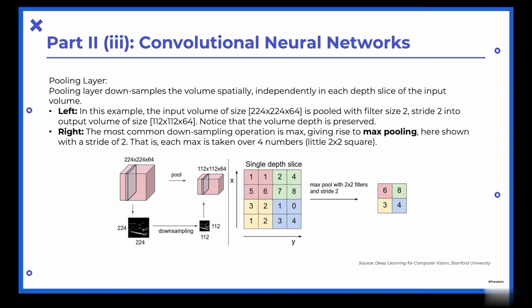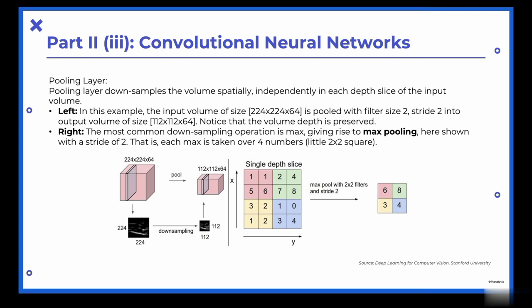The left-hand side of the image shows us that the volume of 224 x 224 x 64 is being downsampled to 112 x 112 x 64. The depth is kept the same, only the width and height is being cut into half. If we use max pooling with a filter size of 2 x 2 and a stride of 2, it will perform a downsampling of exactly half.